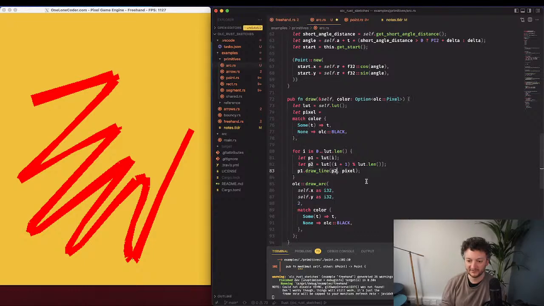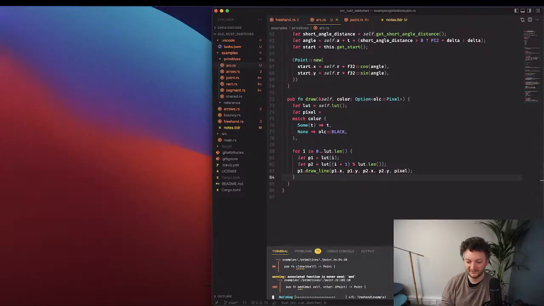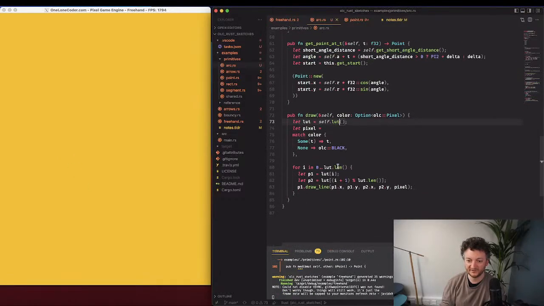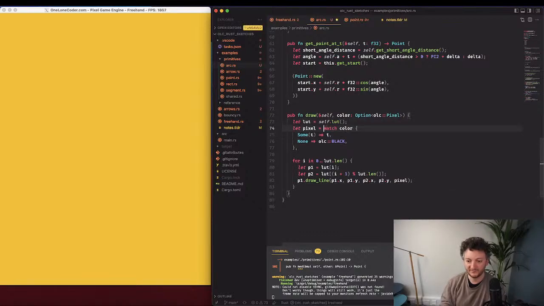We're going to draw a line from p1.x, p1.y to p2.x, p2.y. And do we need to, I think that's right. Okay, so maybe we're just not running this code, or maybe it's all done. Because this is weird. Which makes me think I'm missing a semicolon or something.